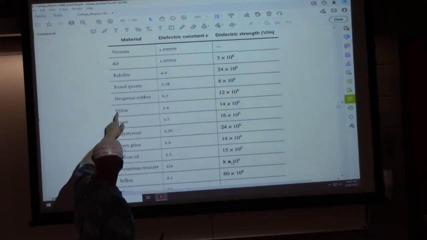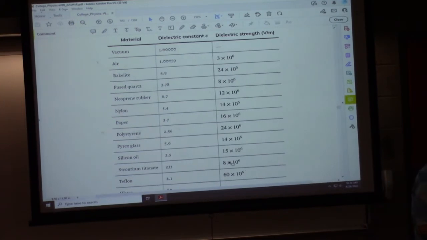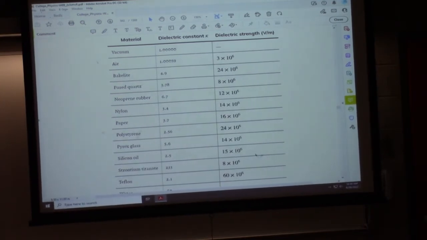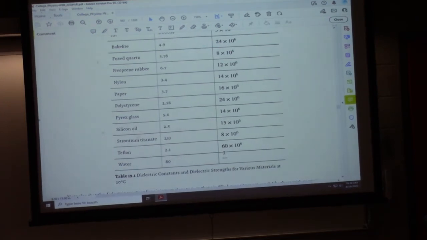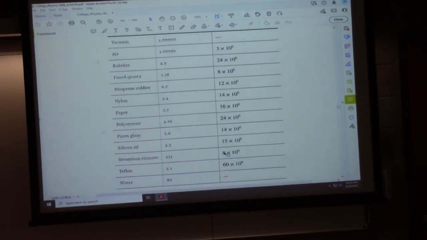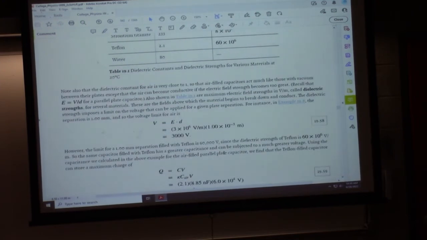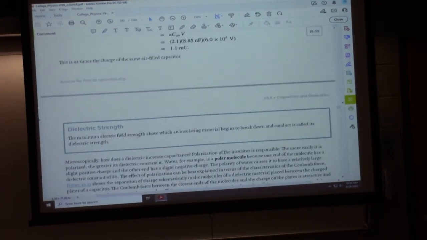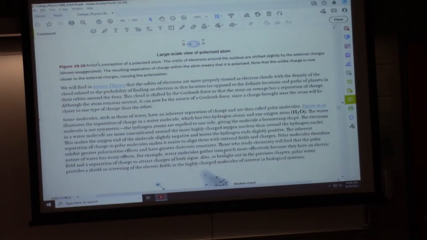And well, here's my nylon, which is pretty close to my vinyl, and it seems to match there. So I got 3.3, and that's 3.4. I don't think they have vinyl in here, but I'll take it as nylon, and it's a good match. Maybe I was thinking of glass, because the Pyrex glass here is 5.6, but for some reason I had a 5 in my head. Anyways, that's our table here for our dielectric.